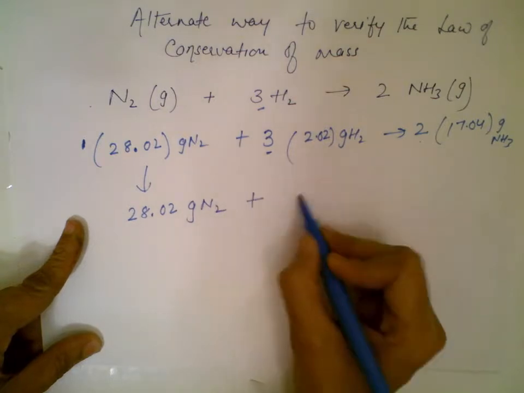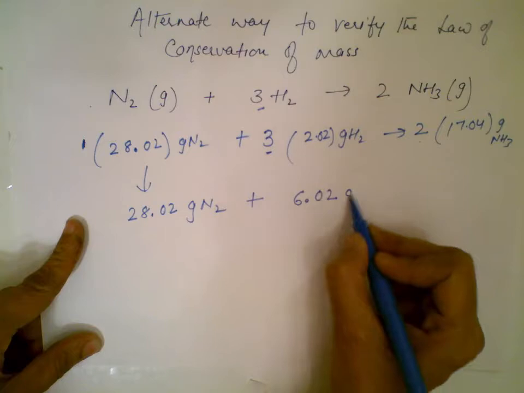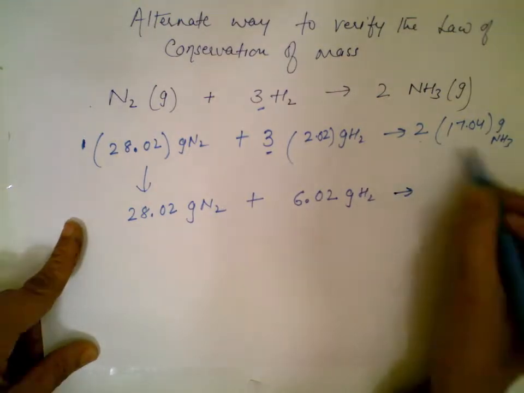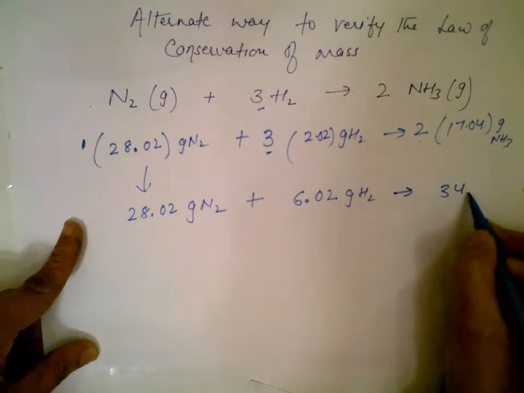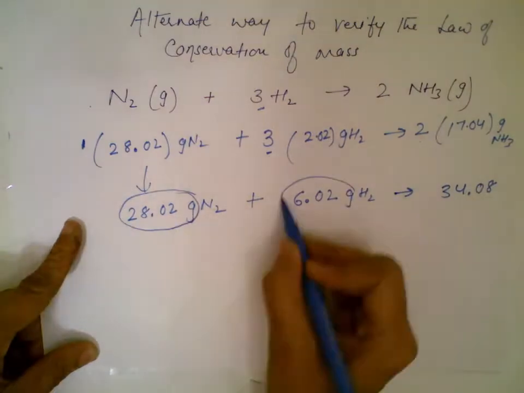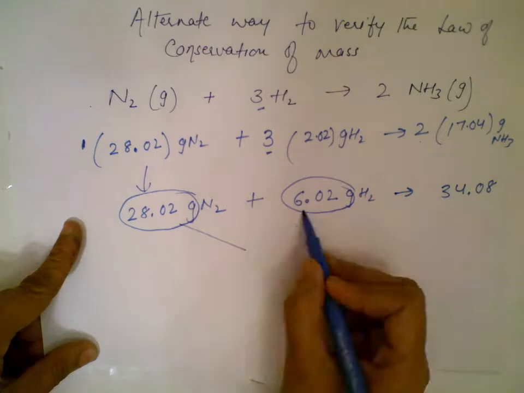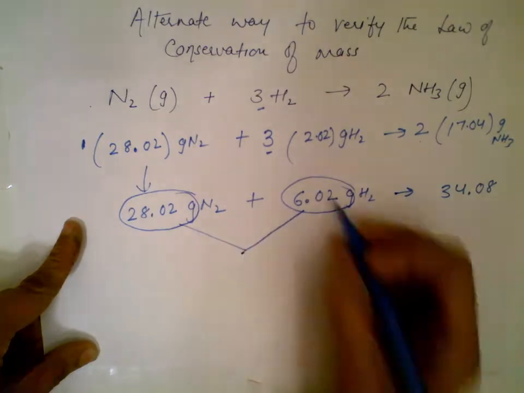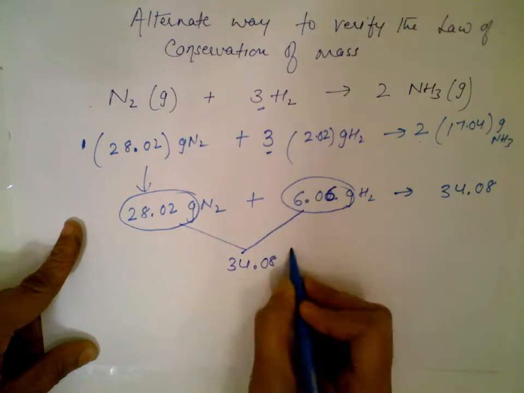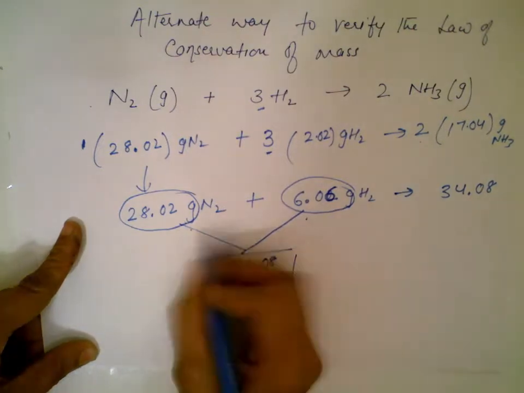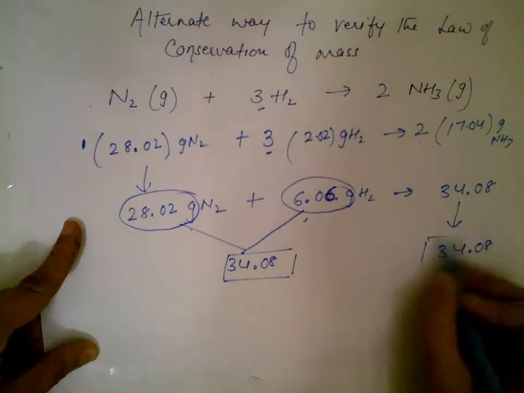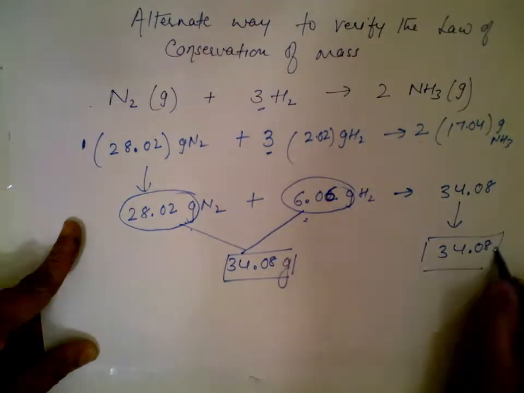Plus multiply this, you are going to get 6.02 grams of hydrogen, and here this is going to give you 34.08. Okay, now you add both these masses, when you combine, you are going to get 34.08, right? Here this is 34.08 right here, grams and grams.